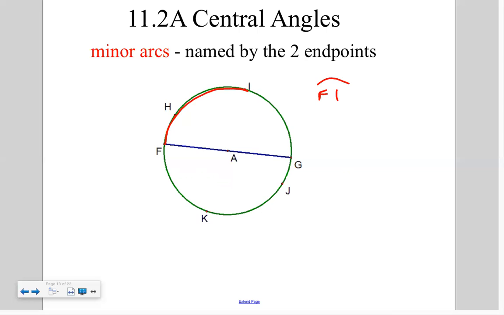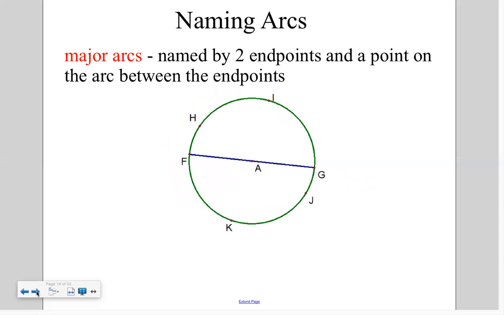So we name our minor arc. But the way we name a major arc, I want to do points F and I again. It's named by the 2 endpoints and a point on the arc between the endpoints. So if I just say arc FI, I'm talking about this arc.